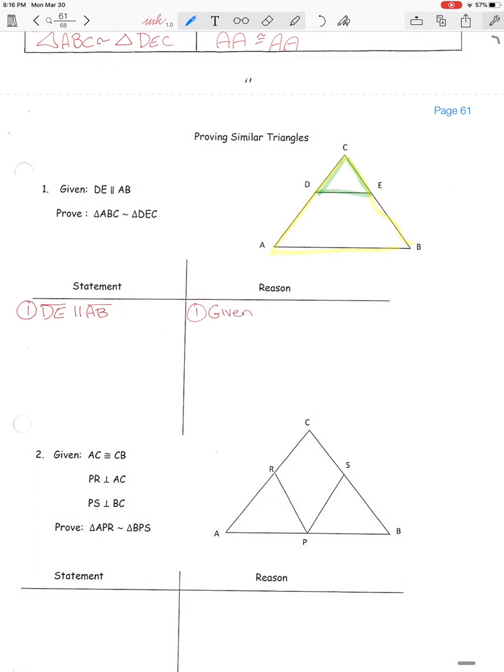So remember, parallel lines cut by a transversal. So here's my parallel lines cut by a transversal. So we have corresponding angles. So I can call this angle 1 and angle 2 and have corresponding angles. Now you could have also seen the other transversal.